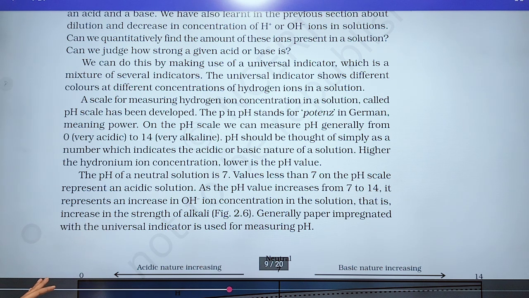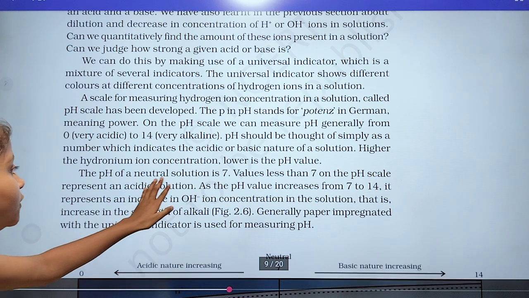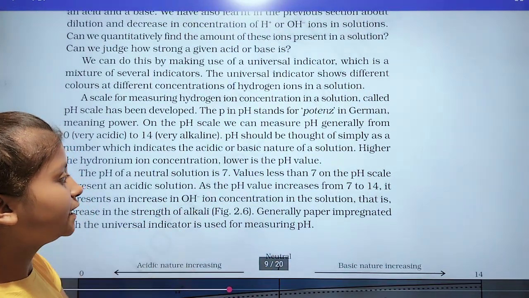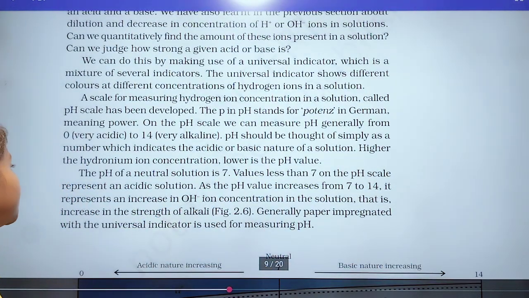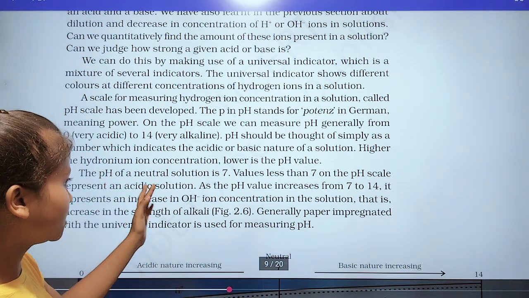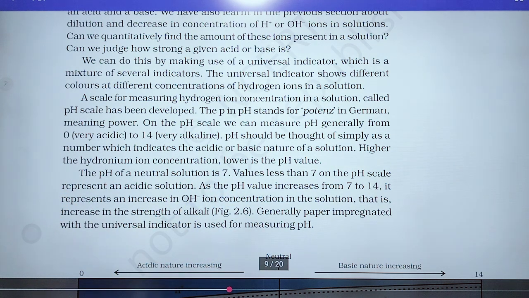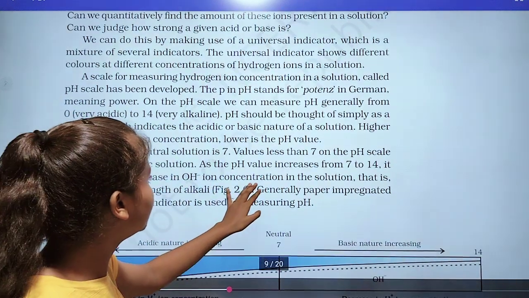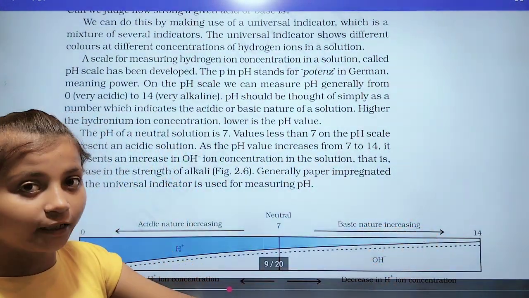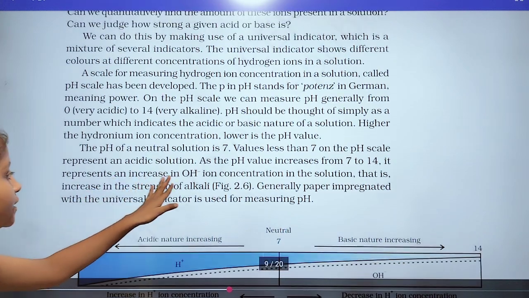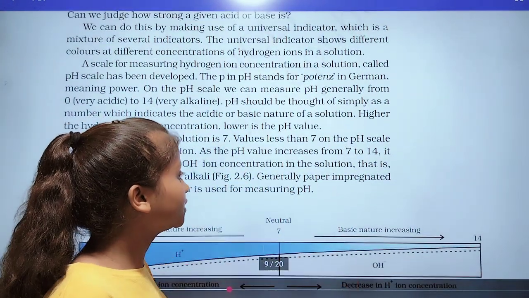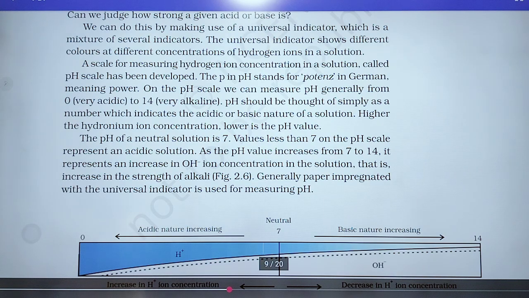The pH of a neutral solution is 7. Values less than 7 on the pH scale represent acidic solutions. pH equal to 7 is neutral, and an increase from 7 to 14 is called basic, with increasing OH minus concentration in the solution, that is, an increase in the alkali strength. This is generally measured with the universal indicator.